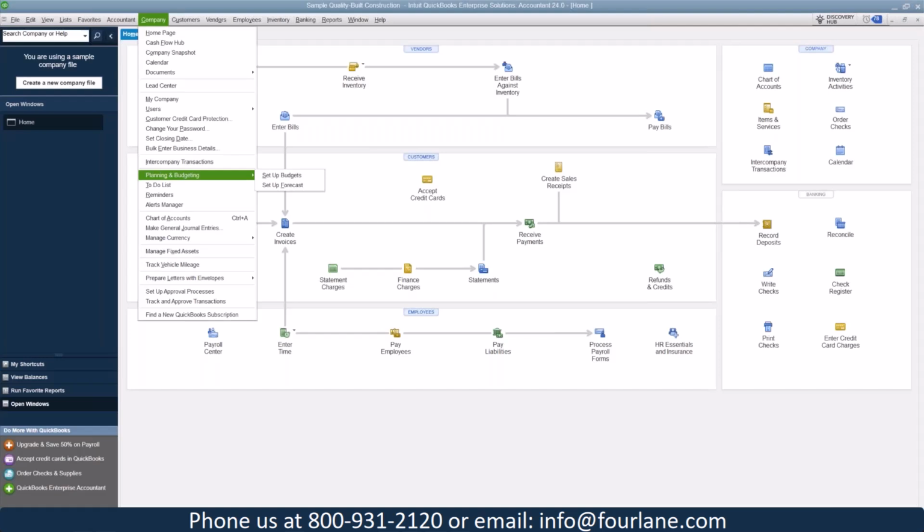Okay, so when you think of when to use them, as I said, creating them, a budget, we're going to create it at the end of the current fiscal year or the beginning of the next year. Forecasting is created and updated at any time during the current fiscal year.